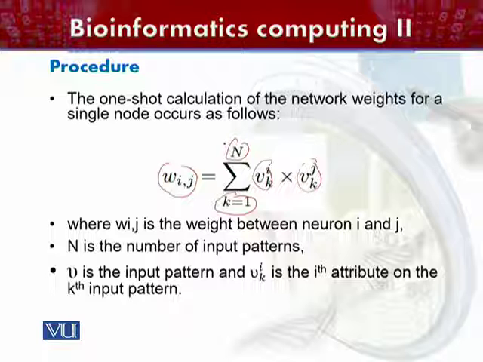V is the input pattern, and v_ik is the ith attribute of the kth input pattern.